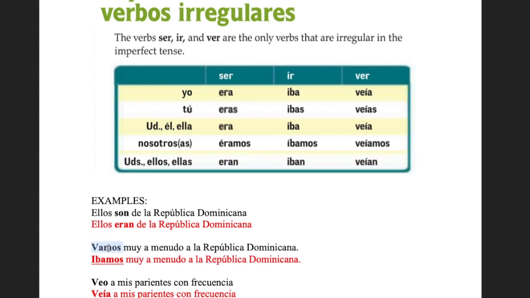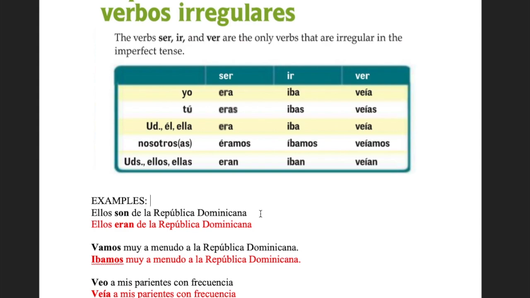Vamos is another form of the word ir. And veo is another form of ver. So with that being said, if you see the word son, but you don't see the word ser, it is still talking about the same thing, okay? Same with vamos, it's talking about ir, veo, ver.